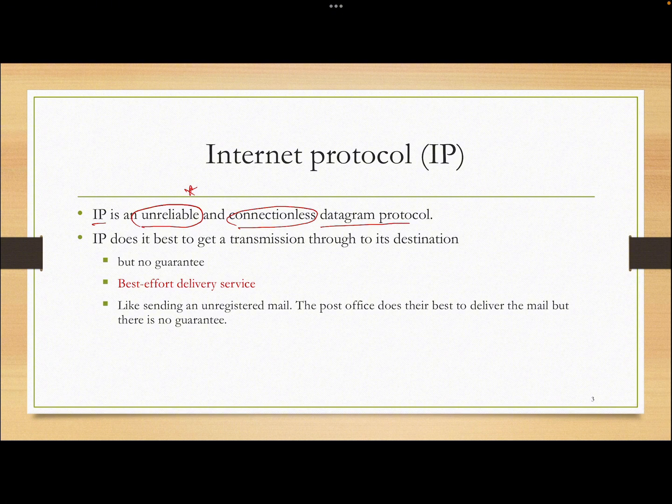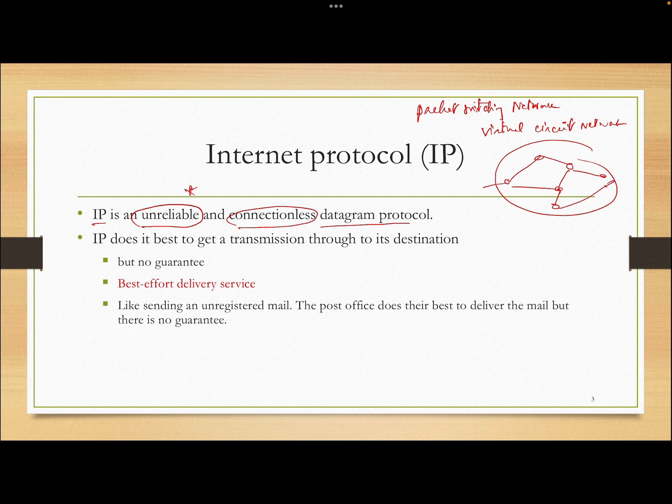If you remember again, in packet switching networks, we have two types of network: the virtual circuit and the datagram. The virtual circuit network is connection oriented.